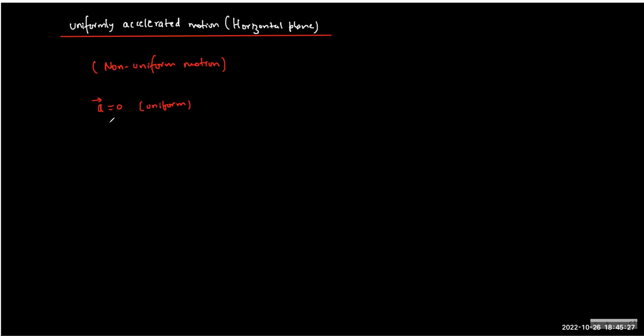If I say a vector is 0, it means it is neither changing the direction nor the magnitude. So if a is 0, then it is called uniform motion. If a is non-zero, it is called non-uniform motion.